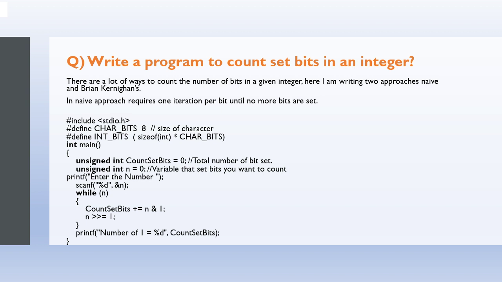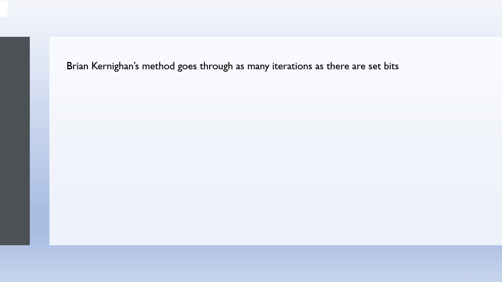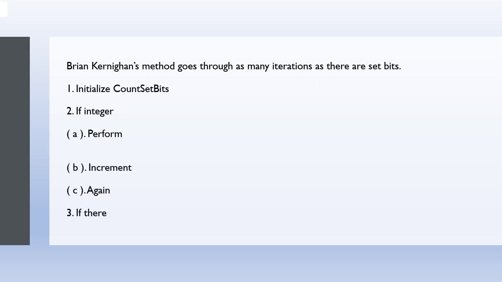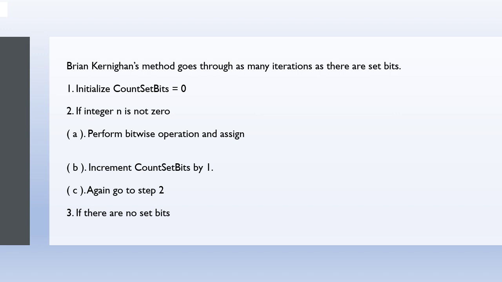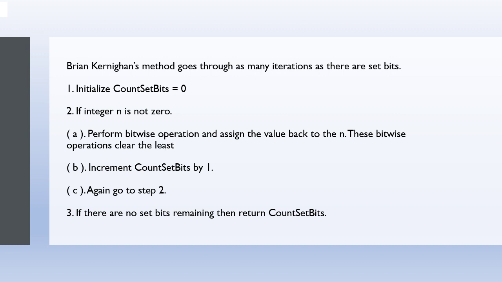The next method is Brian Kernighan's method, which goes through as many iterations as there are set bits. Initialize count set bits equal to 0. If the integer n is not 0, perform the bitwise operation and assign the value back to n. This bitwise operation clears the least significant set bit: n equals n AND n minus 1.